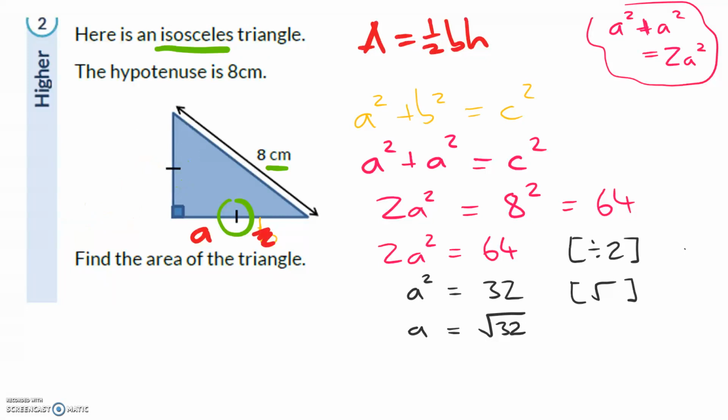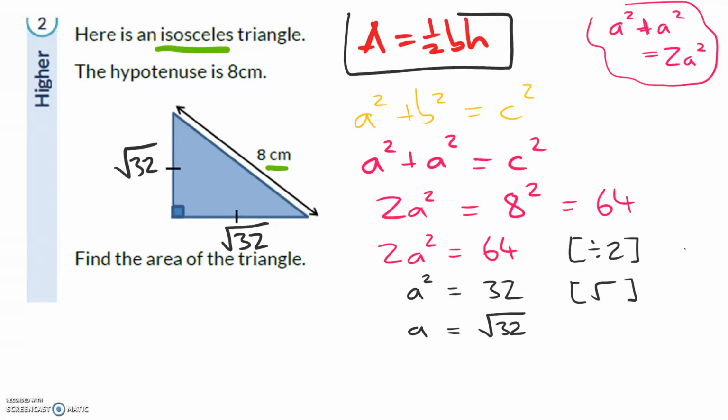We've calculated that a is root 32. And this side, a as well, is the same length, the square root of 32. So now we know what we need to know. Let's go back to our area formula. We're going to say that our area equals half times the base. What's the base?